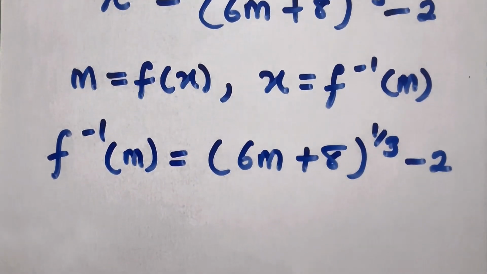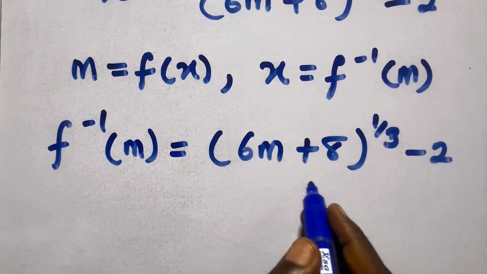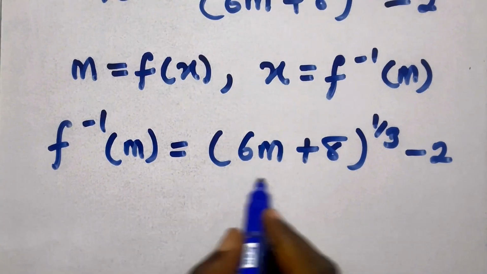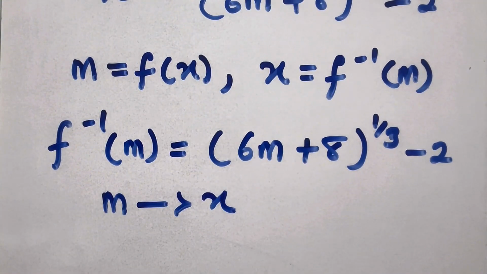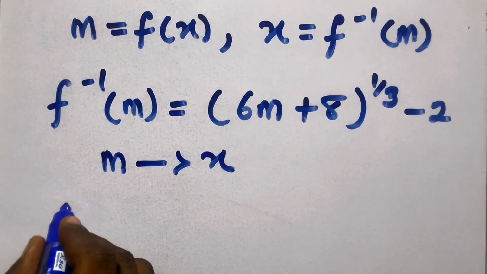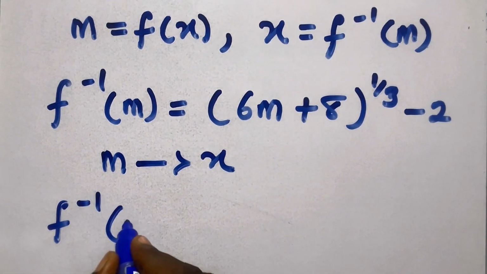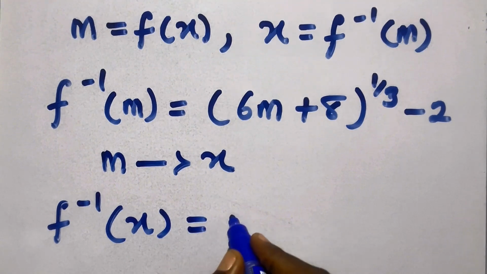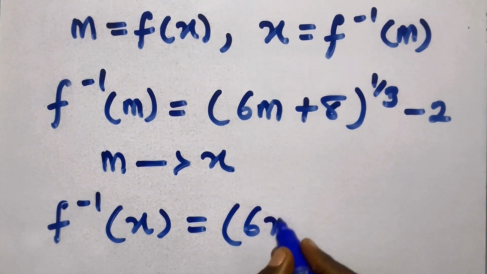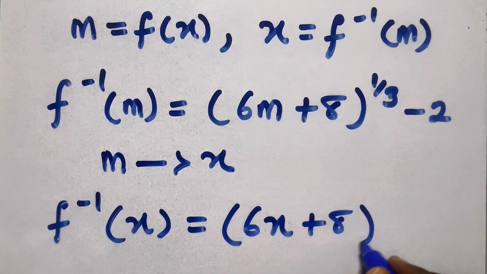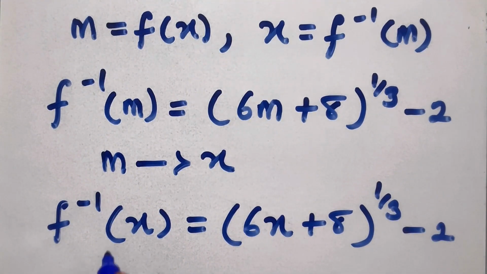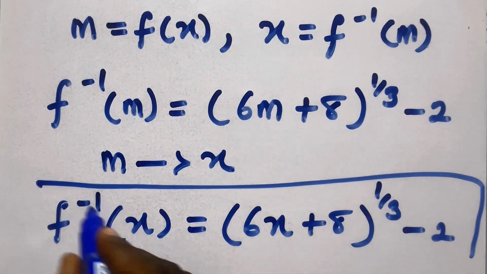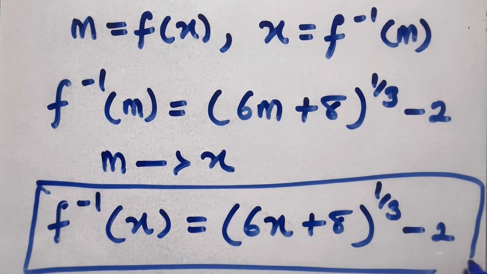To get our f inverse of x, what we need to do is to just change every m to x. If we do that, we are going to have f inverse of x is equal to 6x plus 8 raised to power 1 divided by 3 minus 2. So this is our f inverse of x.